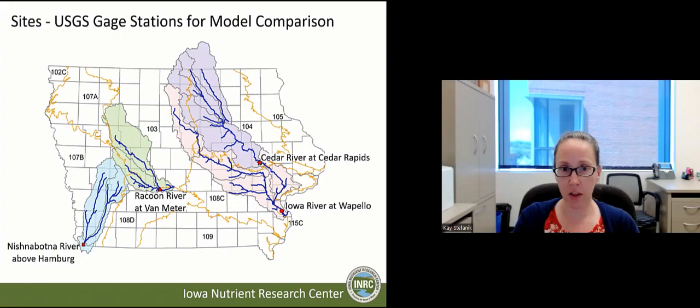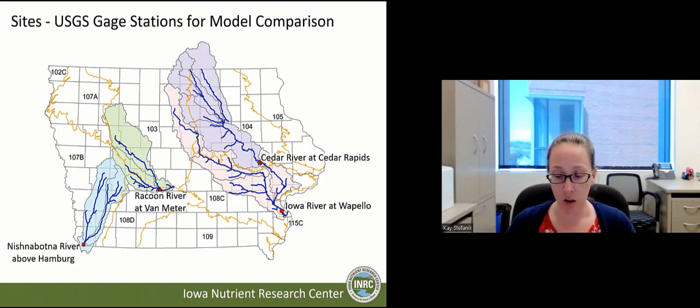The reason that these 4 areas were chosen is because first it gives kind of a representation of what's happening throughout the state, but there's also some decent long-term data that's been collected at those specific gauge stations. For all of these, there has been USGS as well as Iowa Department of Natural Resources data available at these sites since the 1970s. So that's one of the reasons why we chose these particular gauge stations and watersheds.